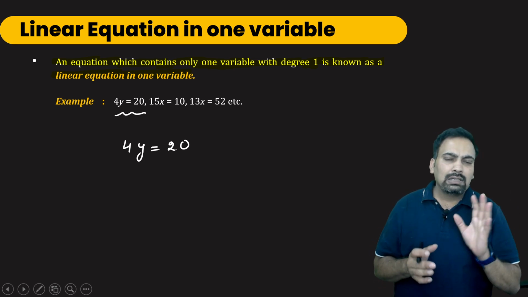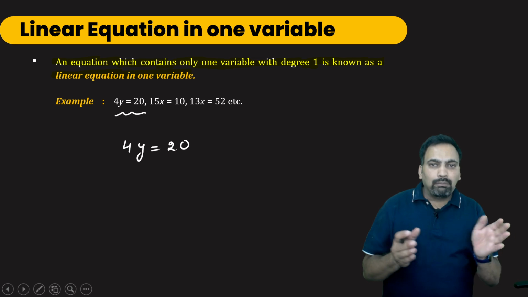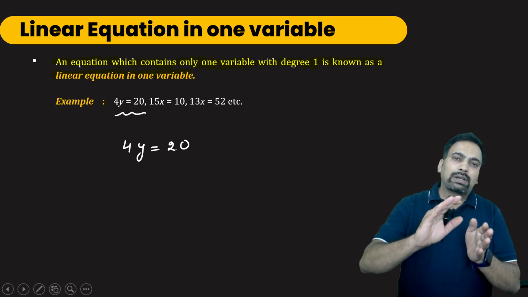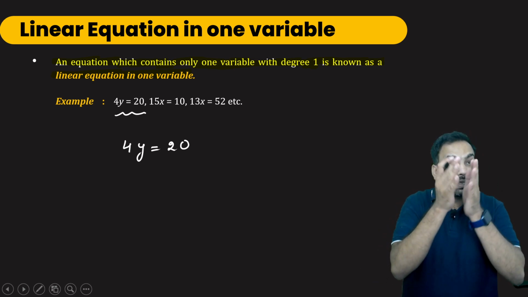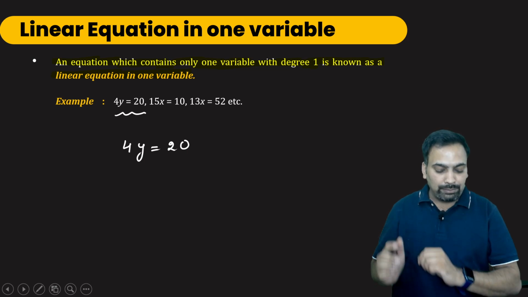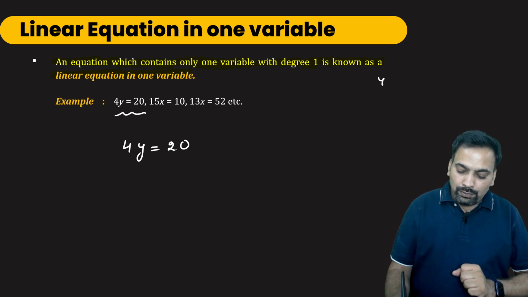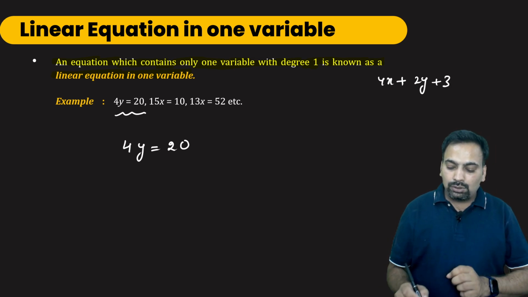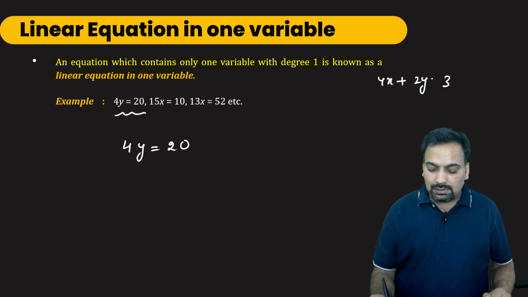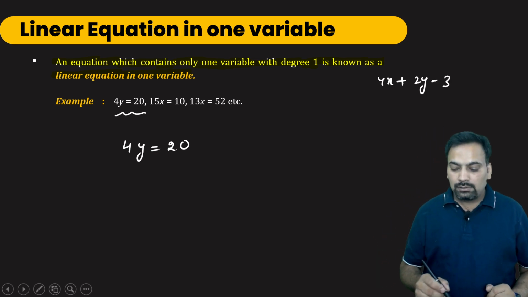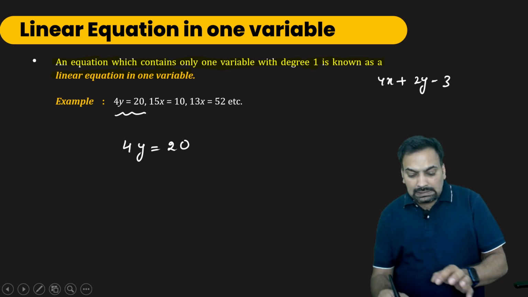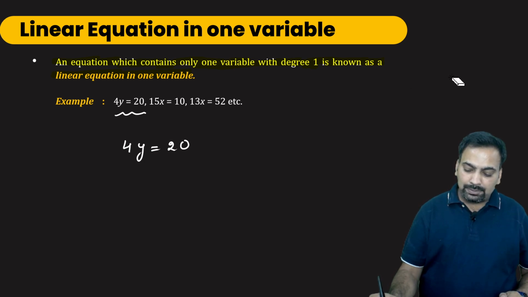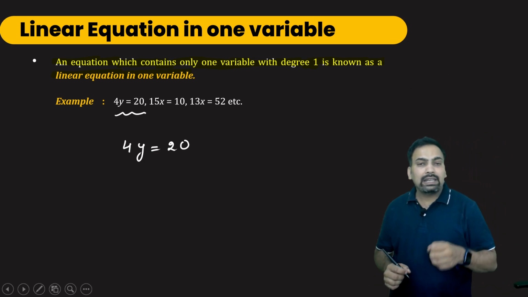For example, 4x plus 2y plus 3. So there are three terms in this. Three terms is called a trinomial algebraic expression. So let's come to the linear equation.